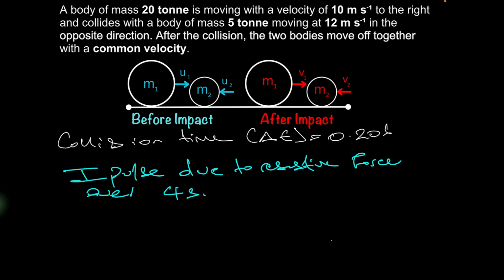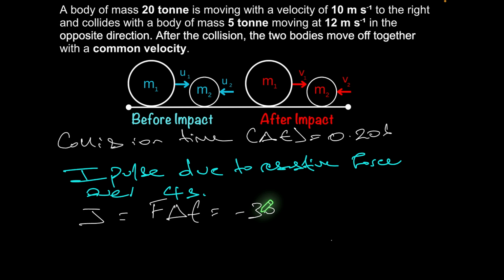So when we do this, then it's just going to be J, impulse due to resistive force, so force times change in time. Now the resistive force will act opposite to the direction of motion, so hence in this case the resistive force would be negative, because after impact we would be traveling to the right, so resistive force negative.